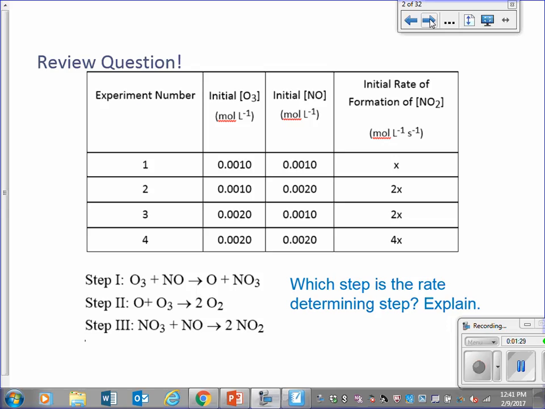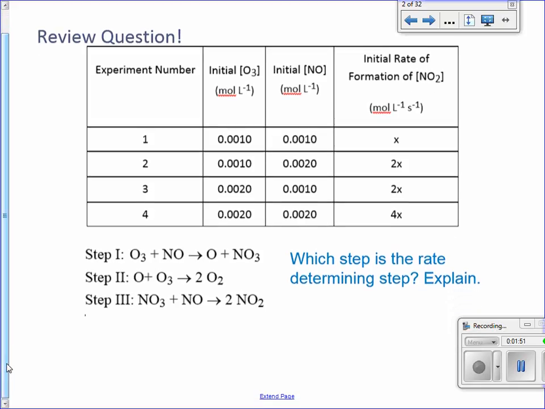Okay, moving on. Review question. Good times for you. Just kind of like in your problem set, you're given the data here. You're given the mechanism. Which step is the rate determining? And please explain. Okay, so let's see here.